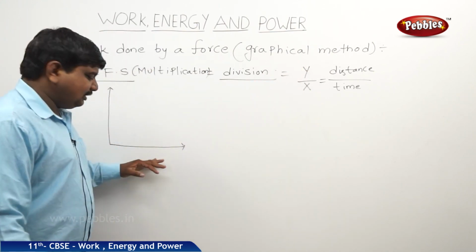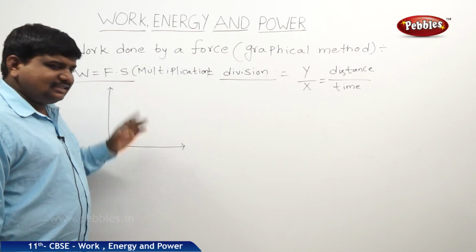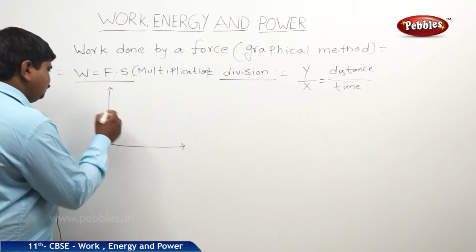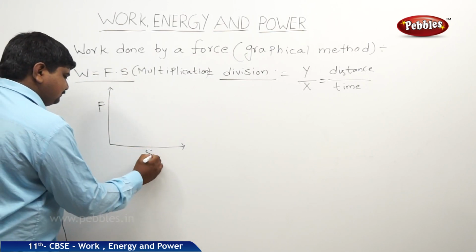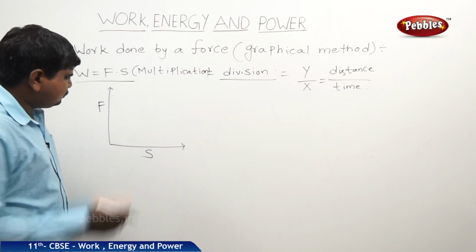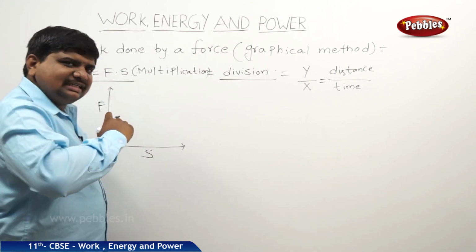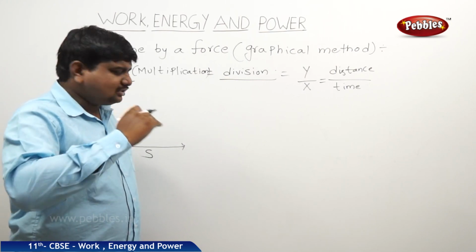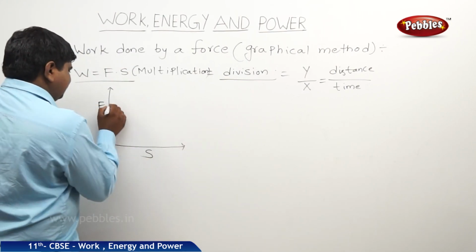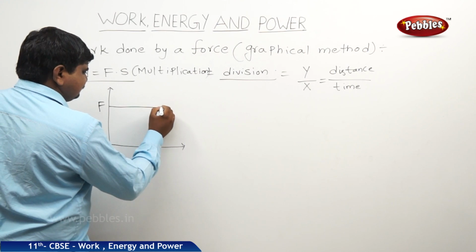You can take F on the x or y axis as well as distance on the x or y axis. So we can take F here. If the work done is uniform, for 1 newton of force and 1 meter of displacement, you will get a graph like this.